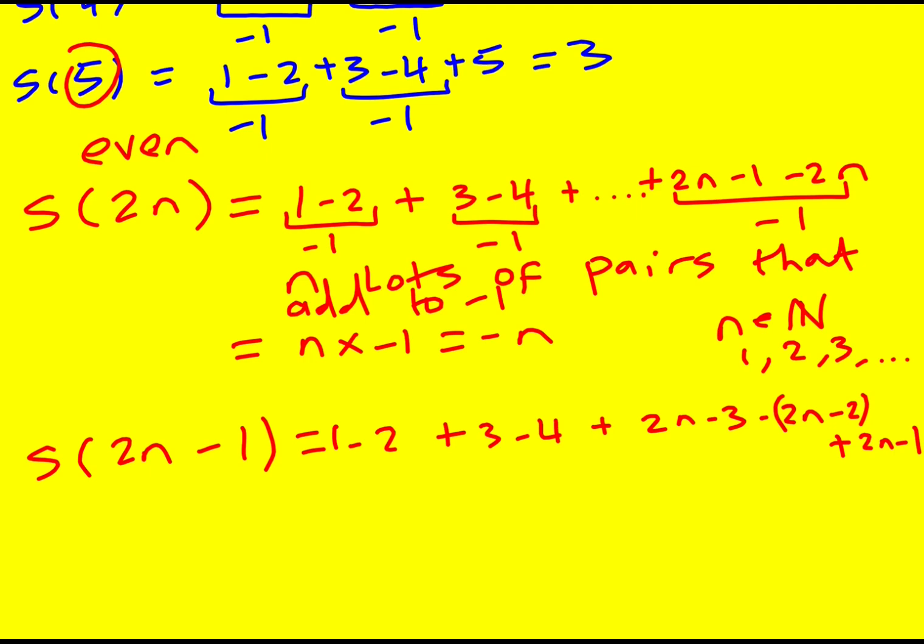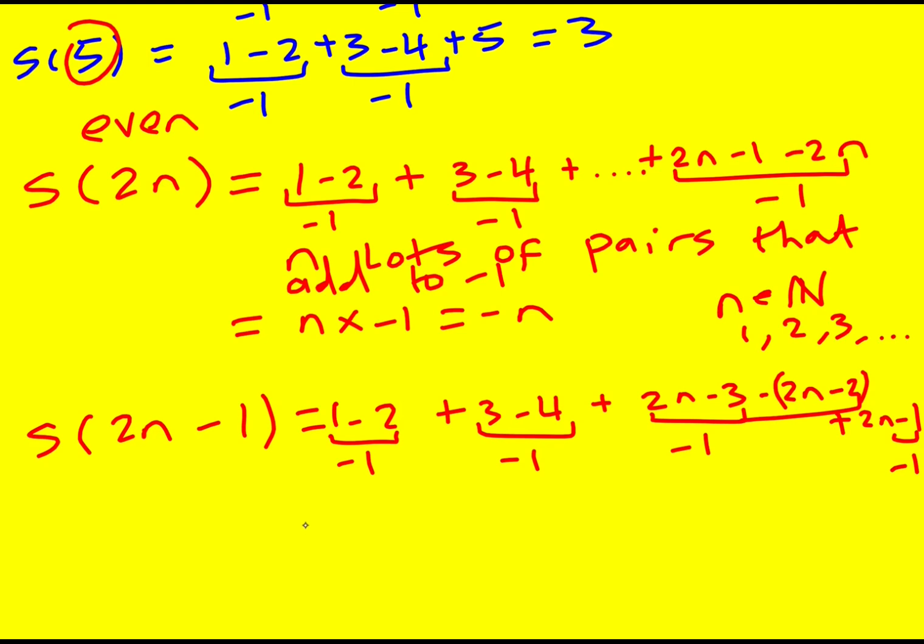And this time I'm going to get lots of pairs. I've got my minus one pair, minus one pair, minus one pair, except here. But I do still have a minus one, actually. That's quite important.